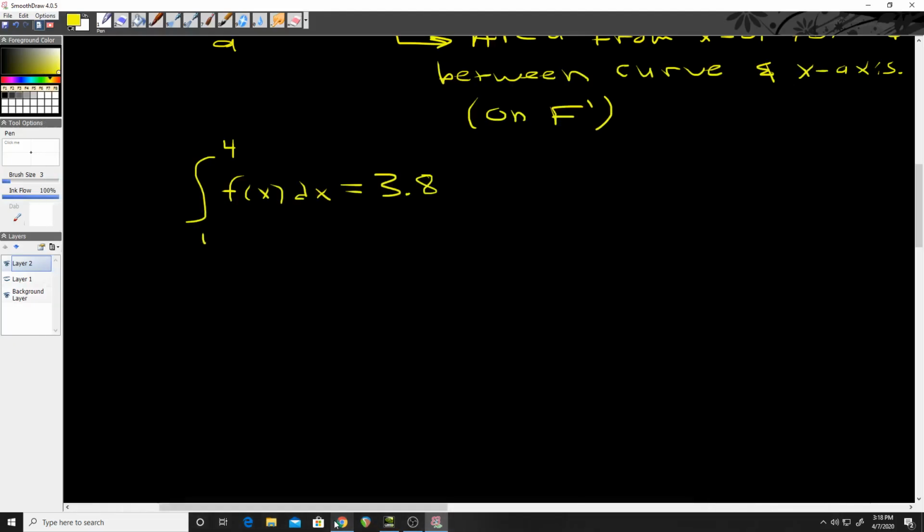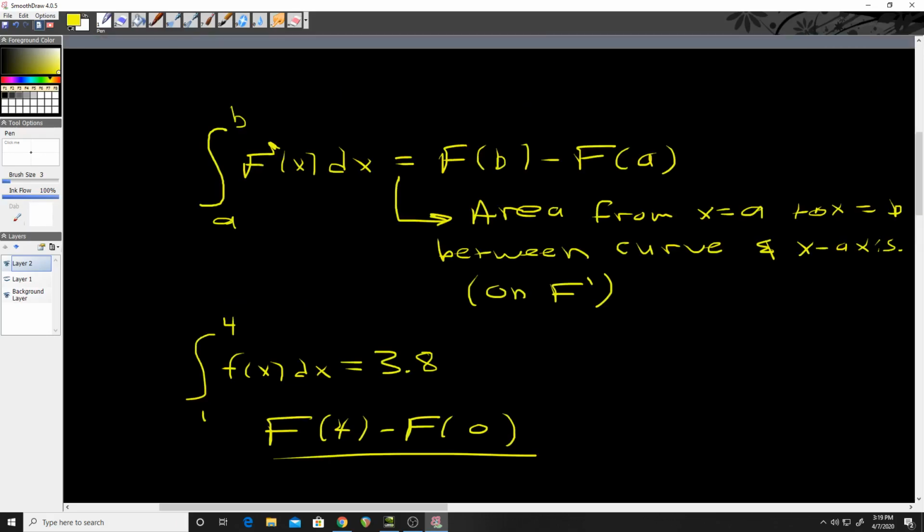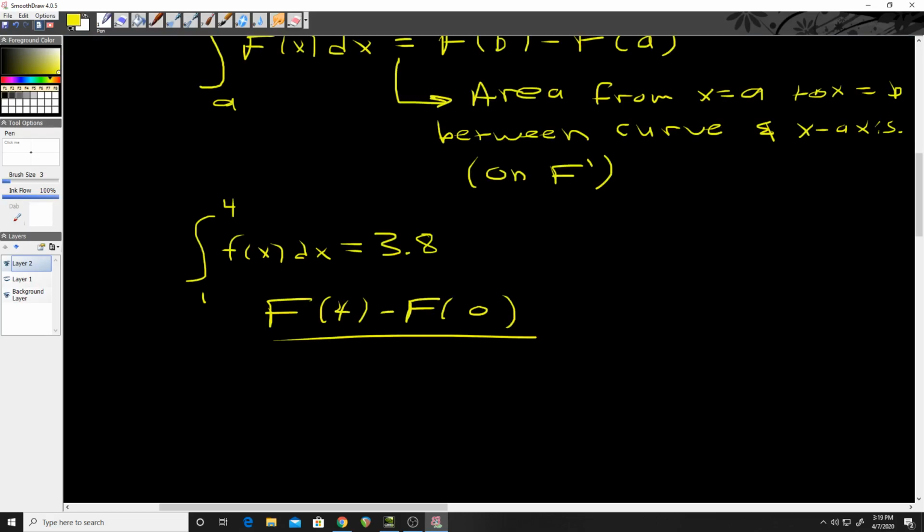The problem is asking for big F at 4 minus big F at 0. And if you look at this difference, we can relate it to an integral, because F of b minus F at a equals the integral from a to b. So this has to equal the integral from 0 to 4 of F prime.